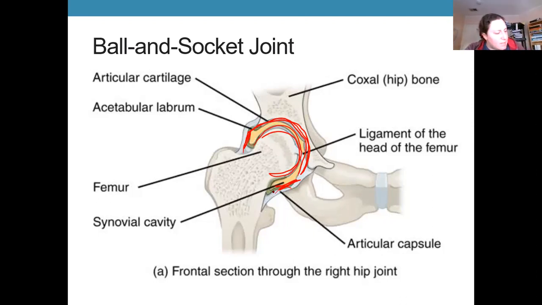So it's a lot easier to get that head of the humerus out of the socket than it is to dislocate your femur at your hip joint. And since our femurs are kind of holding up all of our body weight, we don't want it to be easily dislocated. So there is a price to pay for range of motion. Places where we need more strength and sturdiness are typically more restricted in their range of motion than places that don't have that need and can therefore be more mobile.